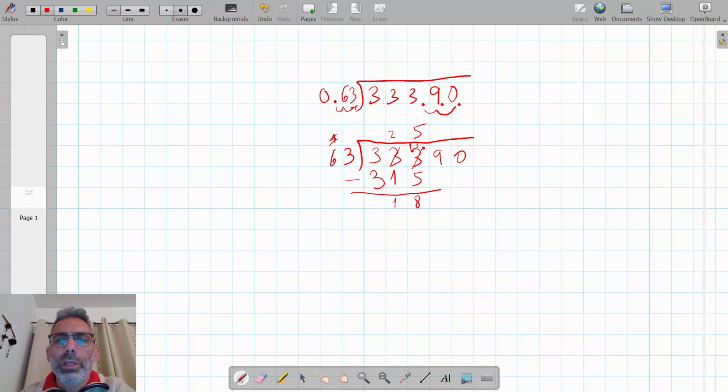63 cannot go into 18. I bring down the 9. How many times does 63 go into 189? 3 times, because 3 times 60 is 180, and 3 times 3 is 9. So 3 times 63 is 189.